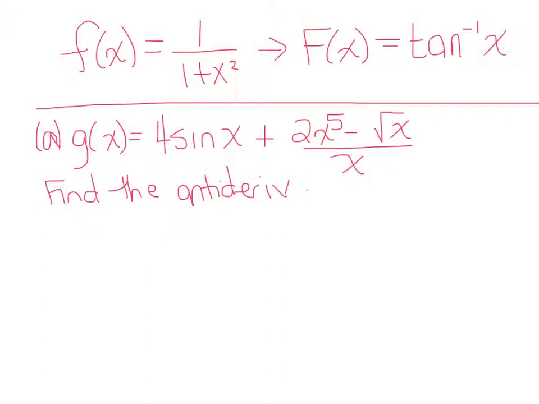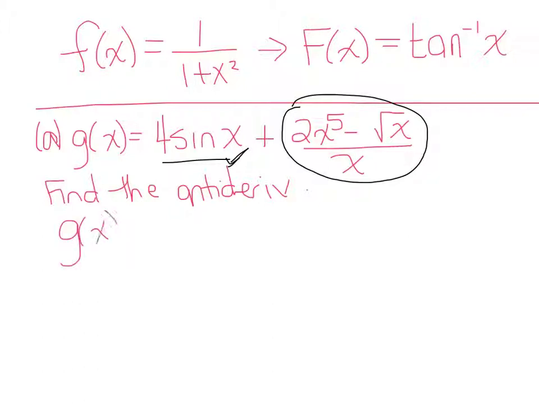So when I first look at this, it looks like this one right here is good to go. I can use my rules from that previous chart to find the antiderivative of that very easily. But I do not have an antiderivative rule about fractions, so I'm going to have to split that up first before I can even take the antiderivative. So if we look at g of x, we can say that that's 4 sine of x. And then let's split this fraction into two fractions, right, here and here.